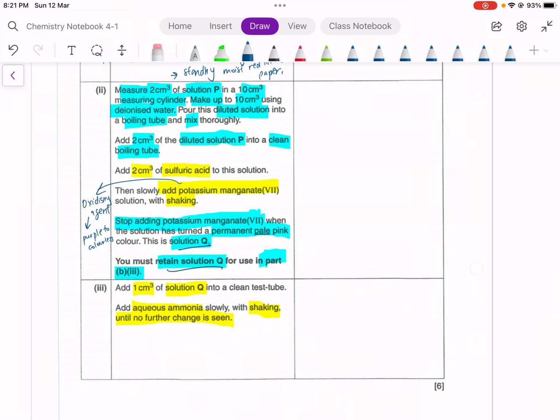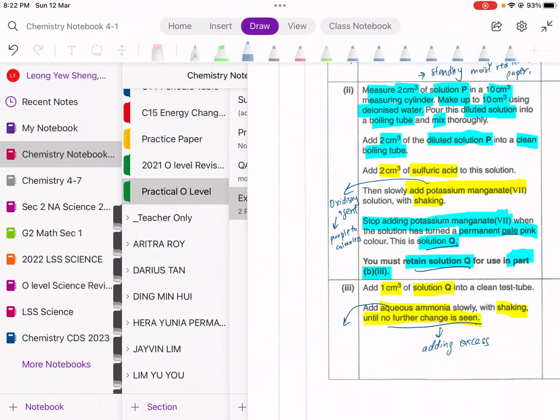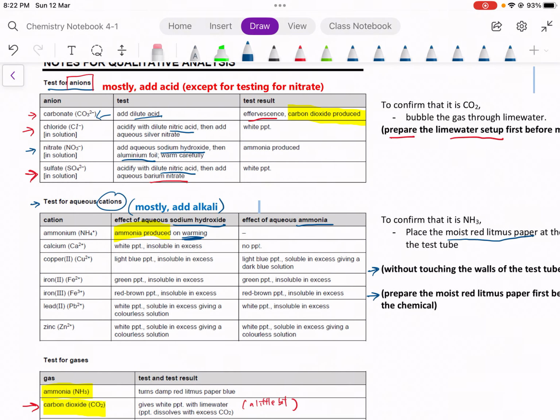Next, let's do the next part. They ask you to add aqueous ammonia with shaking until no further change is seen. No further change is seen means adding excess. So let's look at aqueous ammonia. What are we testing for? Aqueous ammonia is also a type of alkaline.